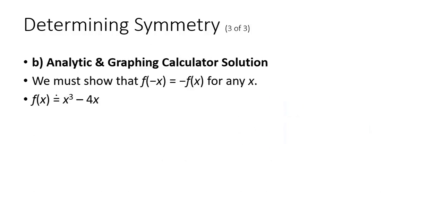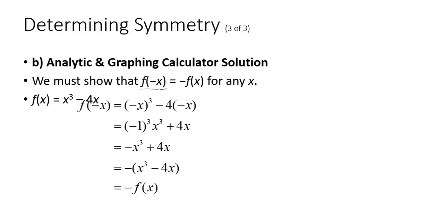Second one, you have f of x equal to x cubed minus 4x. So we want to prove that f of minus x is equal to minus f of x to show this has symmetry with respect to the origin. And to do that, we evaluate f of minus x.